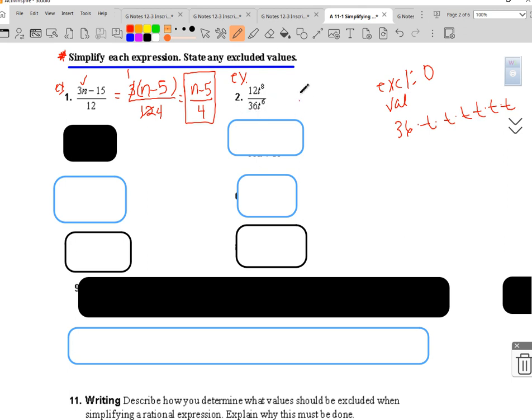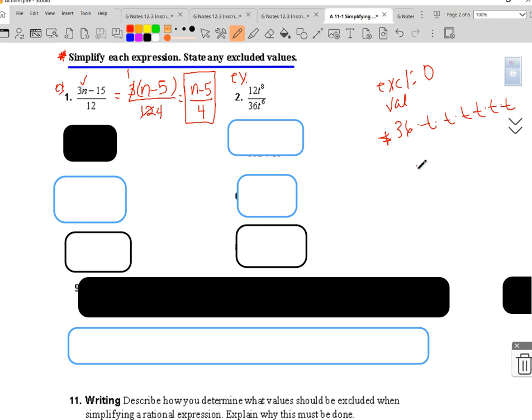And now we're going to simplify. So how do you know 0? This is the denominator, does that make sense? 36 times t to the 6th power, right? There's only one thing that you plug in if you're multiplying something by something that gives you 0. The only way to get 0 is if you multiply by 0. Now, if you're subtracting or adding, you can add a positive or a negative, right?